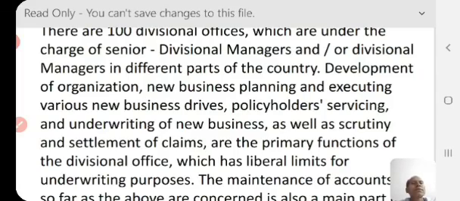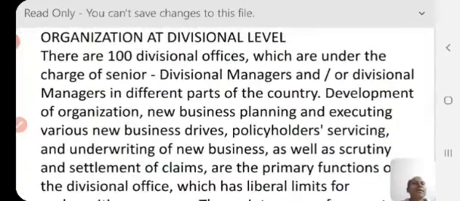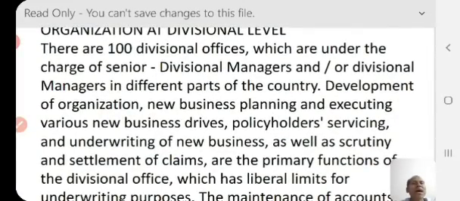So divisional offices conduct the business drives in different areas where there is a scope for the extension of the business, where there is less business of LIC, or where there is less awareness of insurance, and motivating the people who are residing in such places.